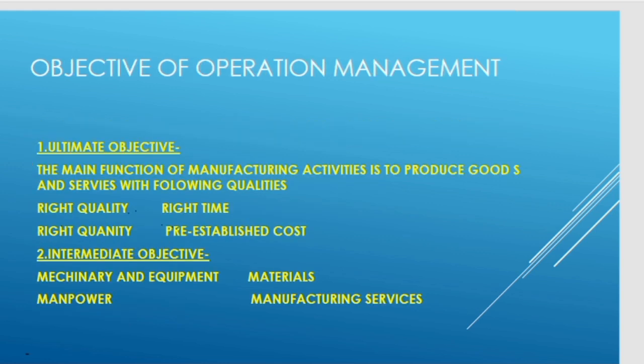In the objective section, what is the objective of operation management? The ultimate objective of our operation management is the right quality and right quantity, at the right time, in the sense of minimum time required to produce the product, and available in the market at the right time when the customer demands our product. And at a pre-established cost.